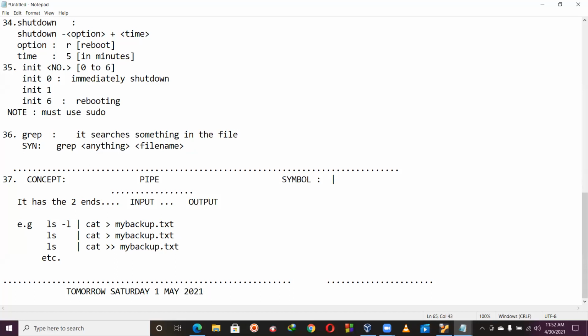What is the timing? Same time, 10:30. Got it, all of you? Okay, fine. So don't miss. Meeting you tomorrow, and I hope all of you will practice the 2 days of session commands. If anyone missed the previous one, it is your responsibility to check all previous commands. But before starting the session, within 5 minutes, if you request me, I can execute the previous commands.